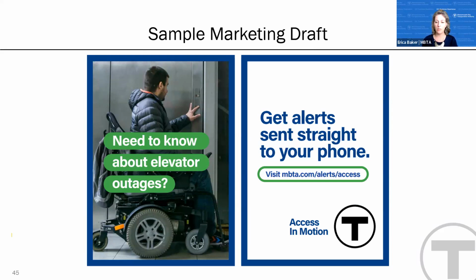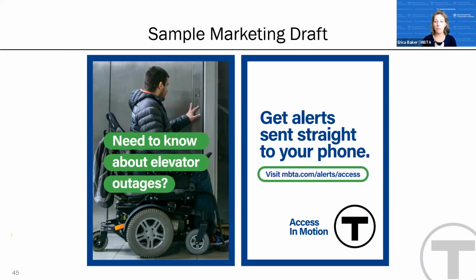So on this one specifically, this could be an example of something we would share in our stations via the digital screens. On the left panel, need to know about elevator outages. Get alerts sent straight to your phone with an accompanying URL that people can sign up and subscribe to. And then with the tag that many of you are familiar with, Access in Motion, locked up next to our T logo.